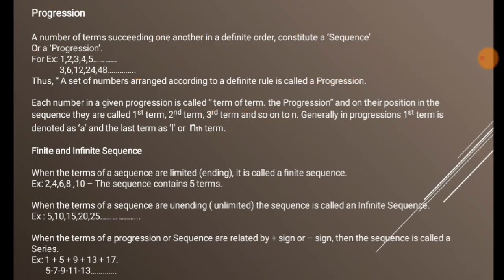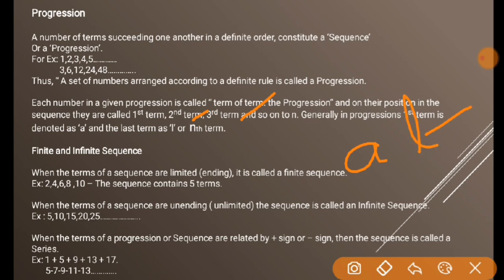Along with the terms in the sequence we call them the first term, second term, third term, like that. We can also call them first, second, third. Generally in a progression the first term is denoted as a and the last term is denoted as l, or the nth term.